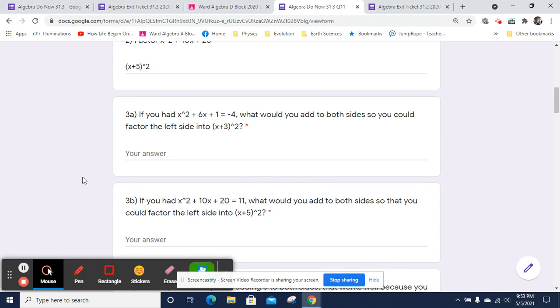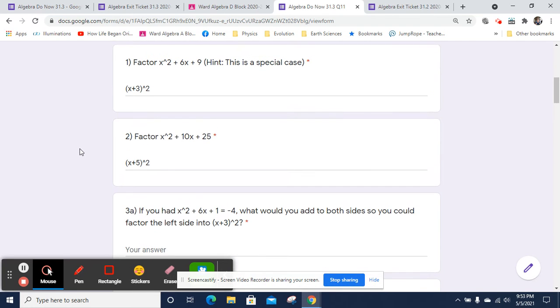Now let's consider this. If you had x squared plus 6x plus 1 equals negative 4, what could you possibly add to both sides so that you could factor the left side into x plus 3 squared? Well, if we go back, we have something that factors into x plus 3 squared, and it's x squared plus 6x, just like this, but instead of plus 1, it's plus 9.